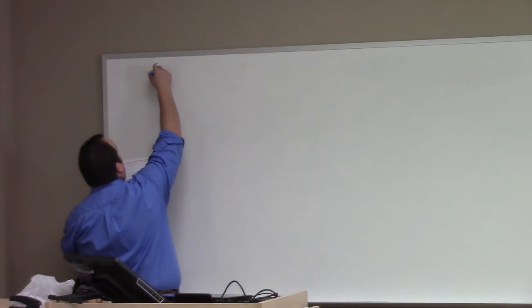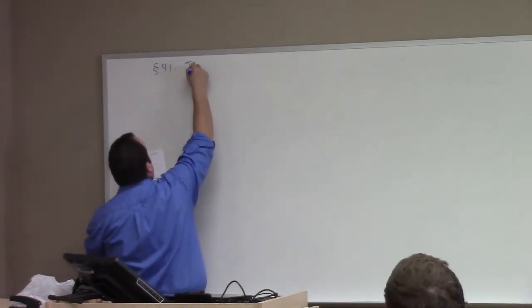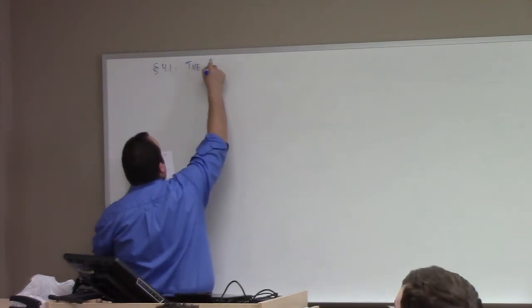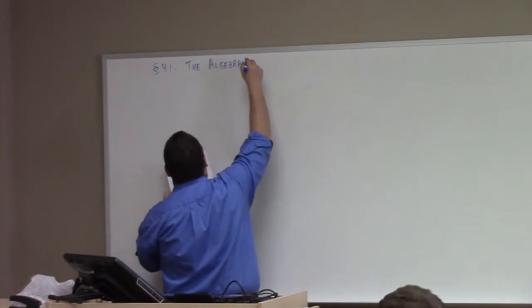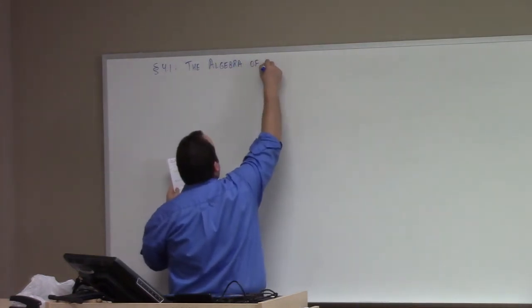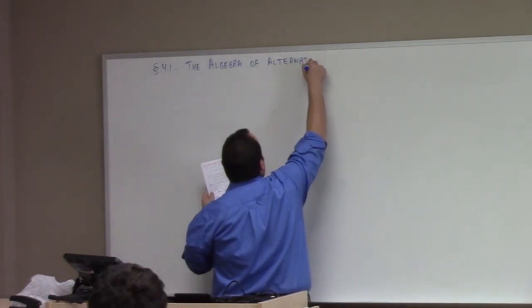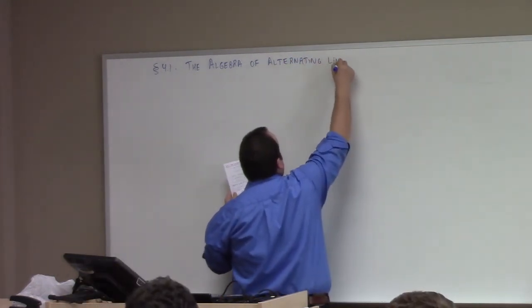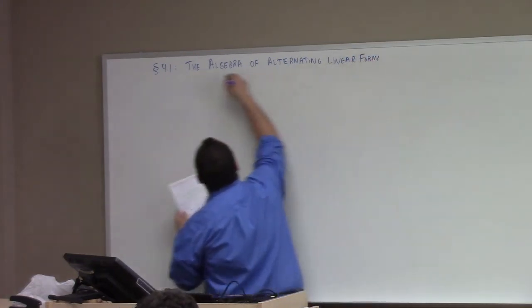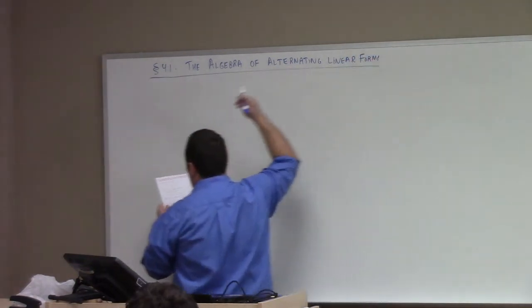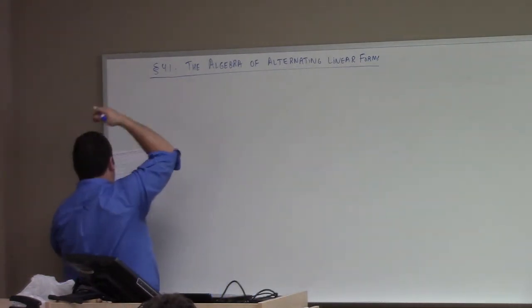So this is section 4.1, which is on the algebra of alternating linear forms. And so, we already stated the definition.